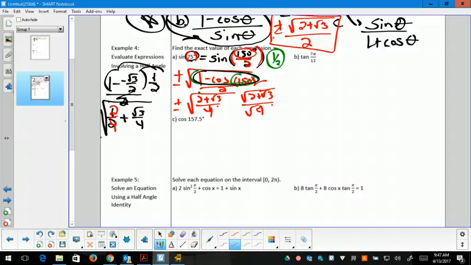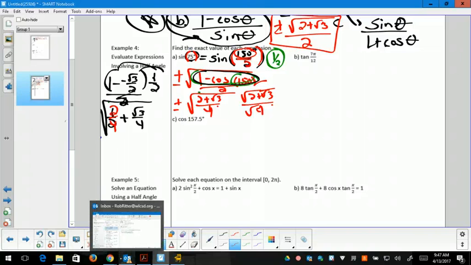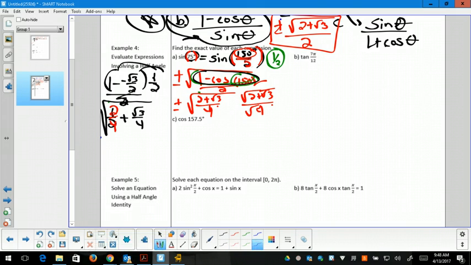Because I can evaluate the square root of 4 in the denominator. If it was a number I couldn't, let's say it was a 3 in the denominator, then I'd have to rationalize the denominator, and that would get more complicated. But right now it worked out pretty nicely. Would it still be plus? It will be, because we know it's in quadrant 1, it's going to be the positive answer for that. Yes.